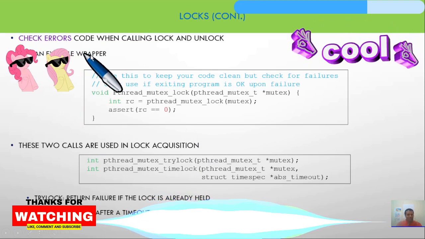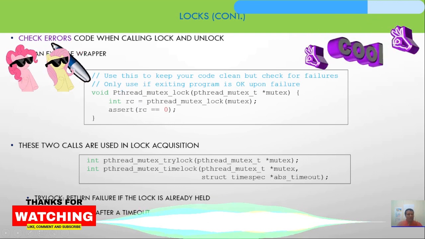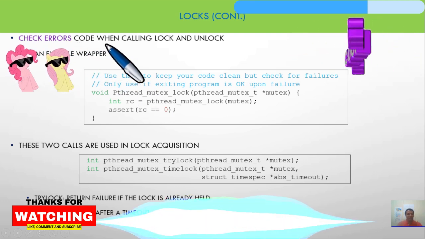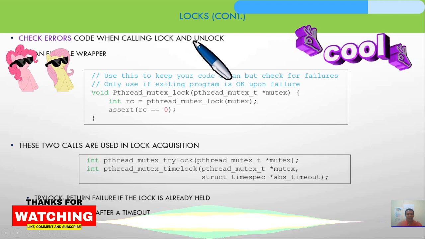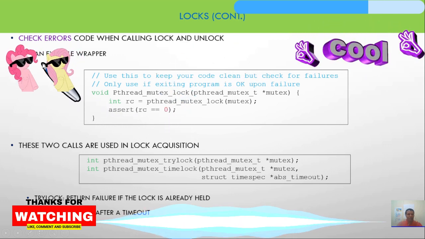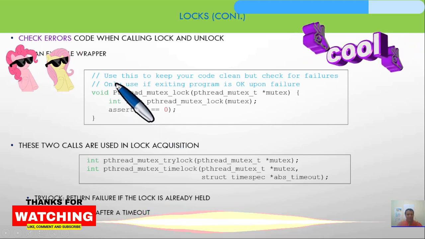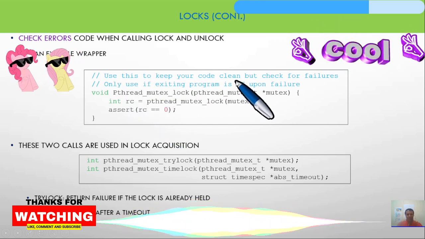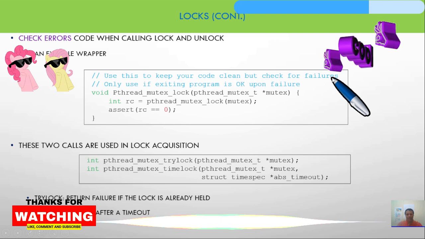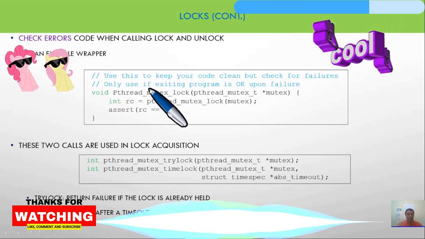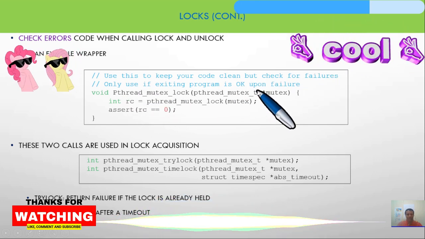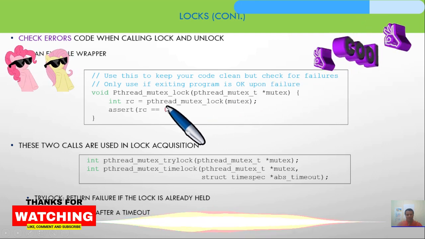The other concept I want to discuss with you is checking errors. Error codes can be returned when calling lock and unlock. An example is a wrapper check here. Use this to keep your code clean, but check for failures. Only use it if the existing program is okay upon failure.